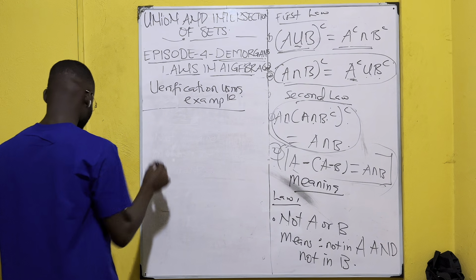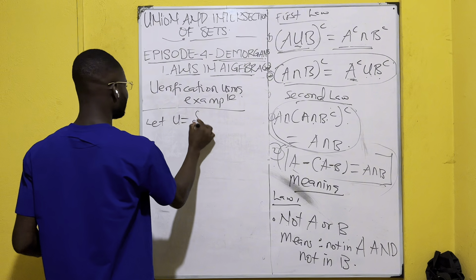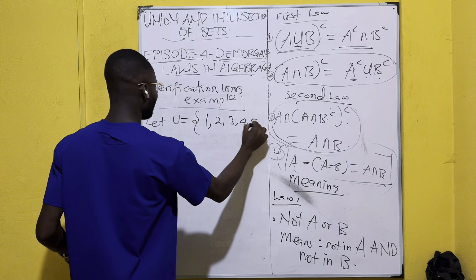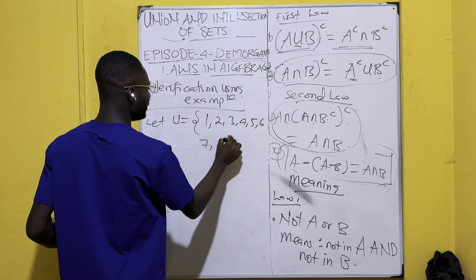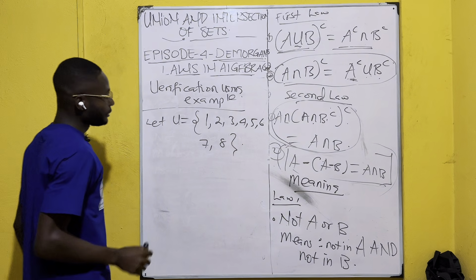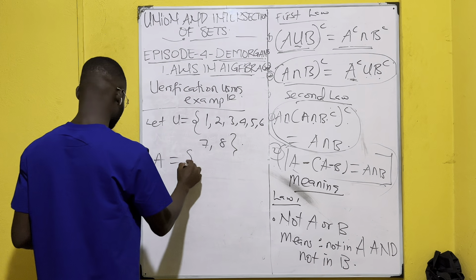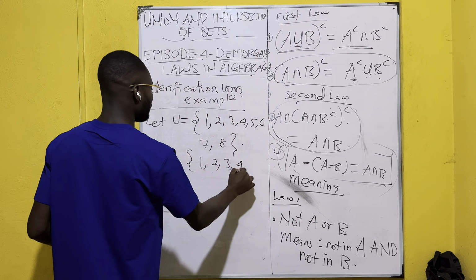So the question is, let U equal 1, 2, 3, 4, 5, 6, 7, 8. So this is the universal set. Now, A is equal to 1, 2, 3, 4.